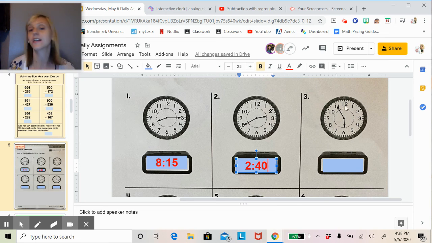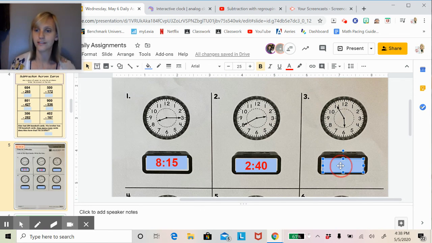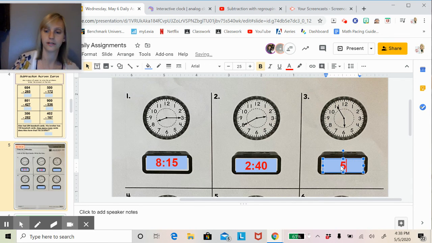Look, it's so close to that 12. So if we count around, 5, 10, 15, 20, 25, 30, 35, 40, 45, 50, 55. So it's going to be 5:55. Okay.